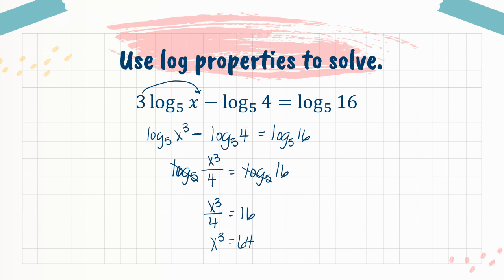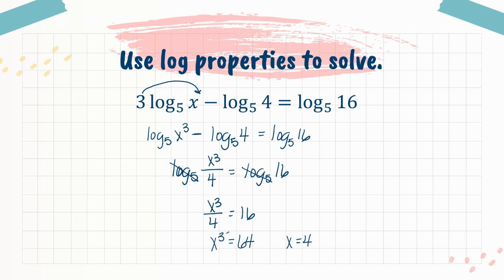Then, if you think back a couple of lessons, we talked about exponents and how to solve exponential equations. We want to know what number to the third power is equal to 64. There's a couple ways we can do this. We can go to our exponent chart and look through and see what number to the third power is equal to 64. We would then see that that would be 4.